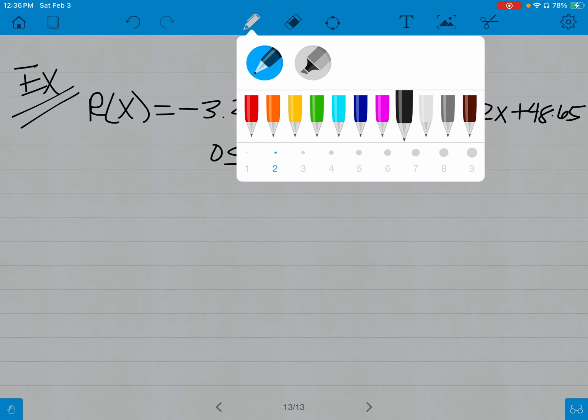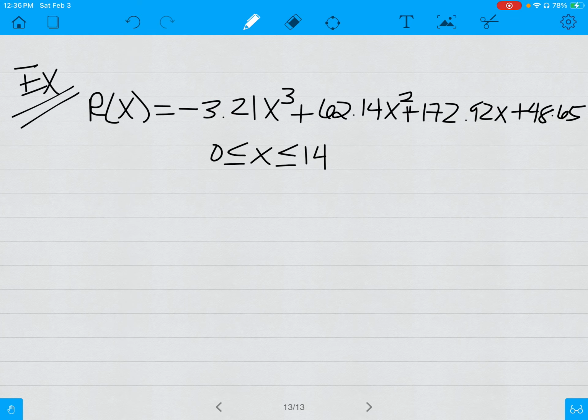And here the revenue is in millions of dollars generated by cattle farming.